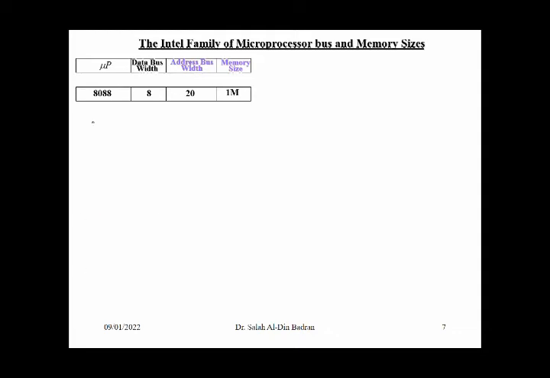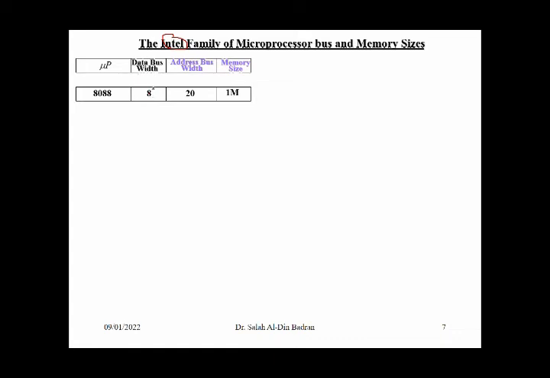Now let's have a look at the Intel family of microprocessor bus and memory sizes. For the Intel 8088 microprocessor, the data bus width is 8. What does width mean for the data bus? What does 8 mean?